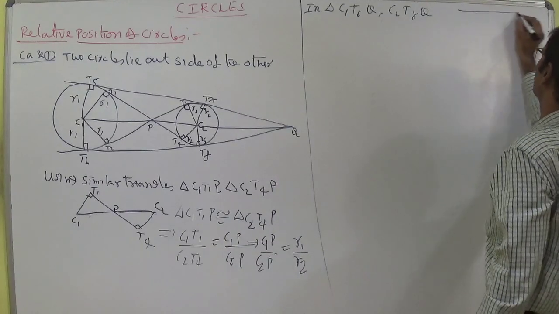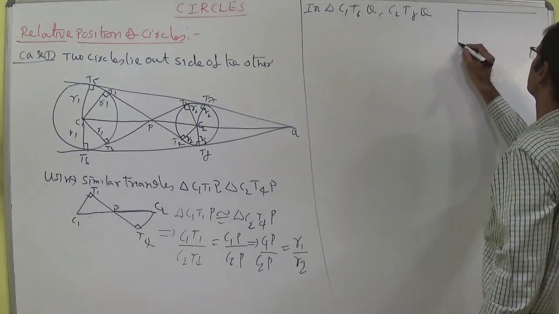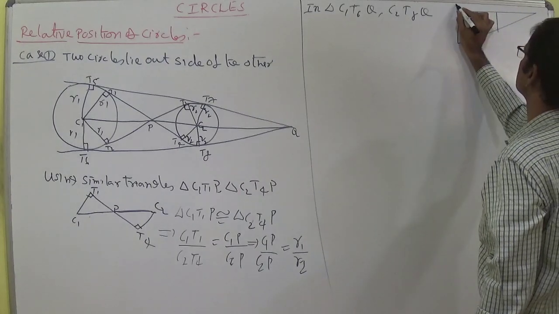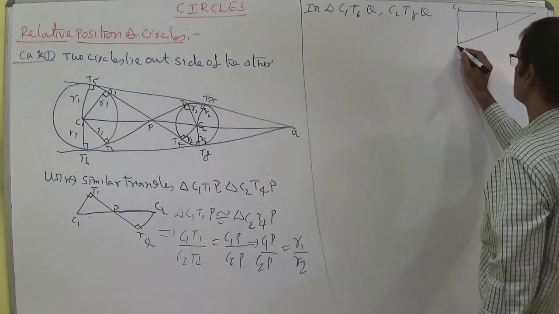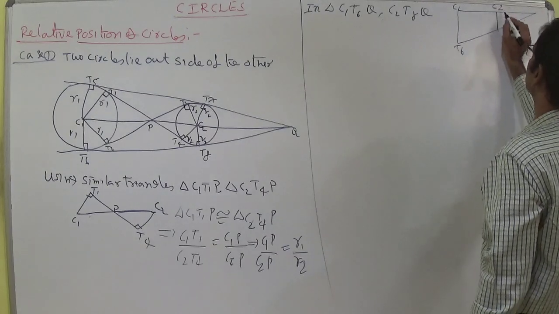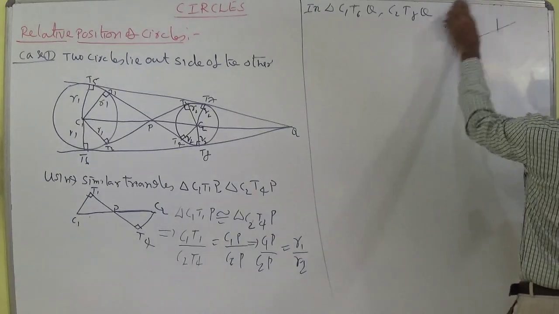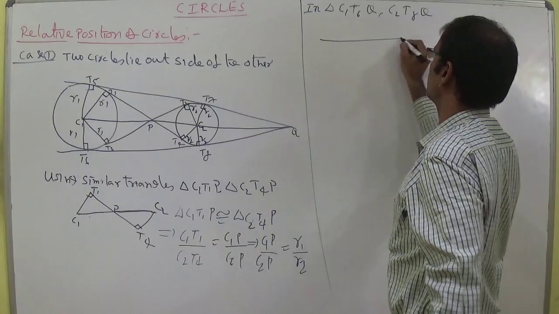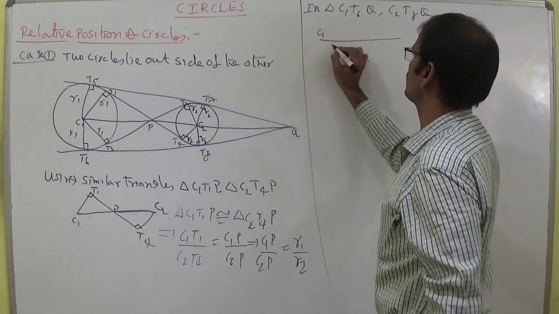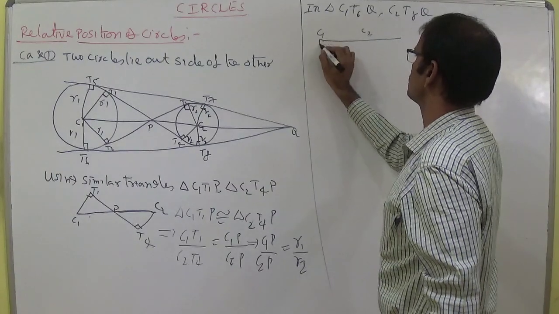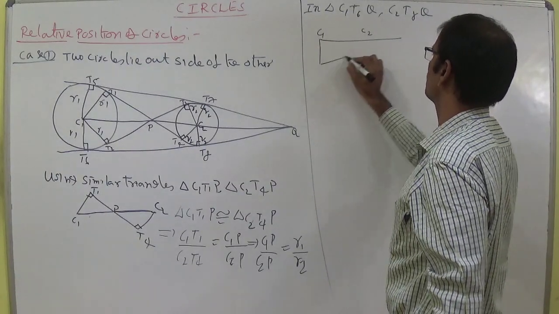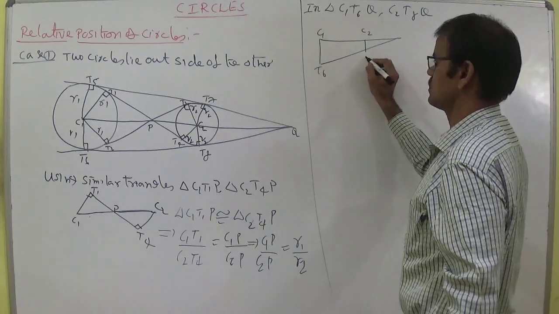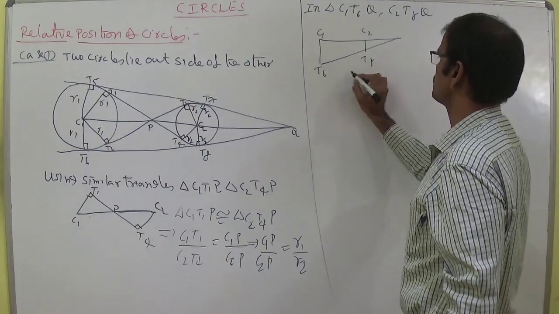Put like this. This is C1, students. This is T6. This is C2. Here I am writing, this is C1, this is C2, this is T6, this is T8.